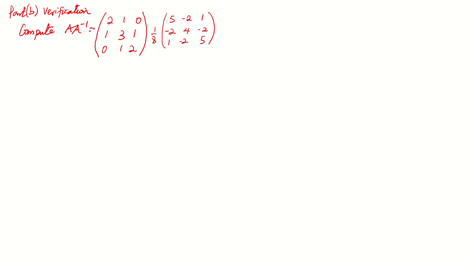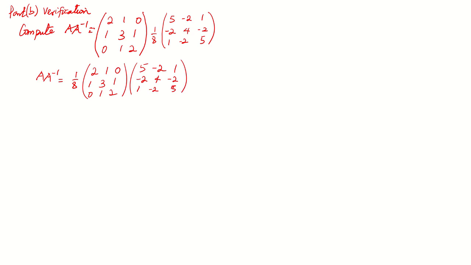Let me write that again clearly: 1 over 8 times 5, minus 2, 1, minus 2, 4, minus 2, 1, minus 2, 5.